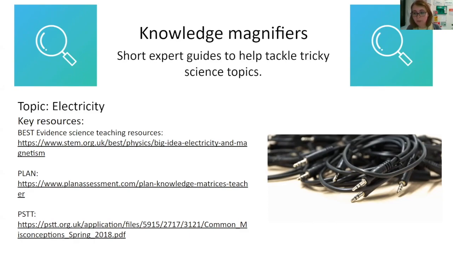Using the Plan knowledge matrices as well can help to pinpoint certain misconceptions, and the PSTT have got a selection of PDFs, so some of the activities have been extracted from that today, and they're a good starting point to prepare yourself in advance for a question like that. So, is electricity used up in a light bulb?